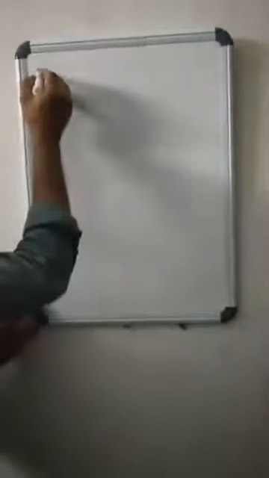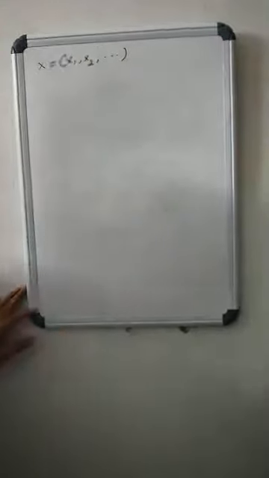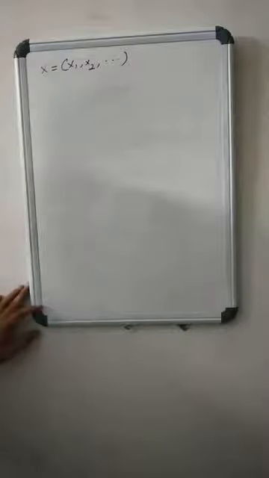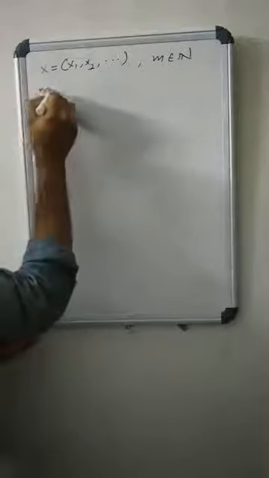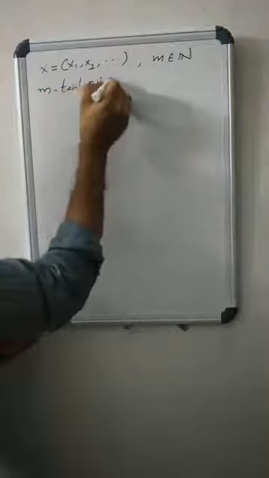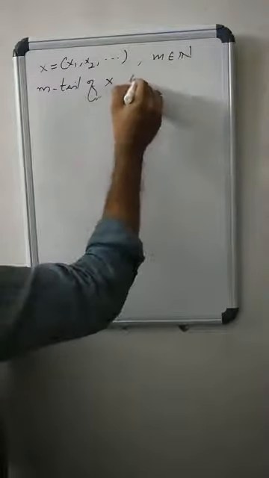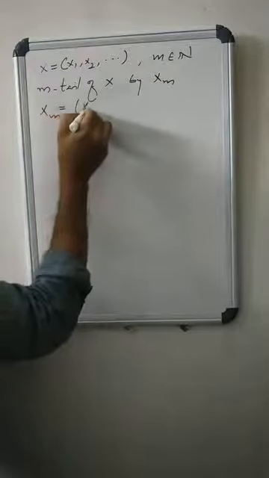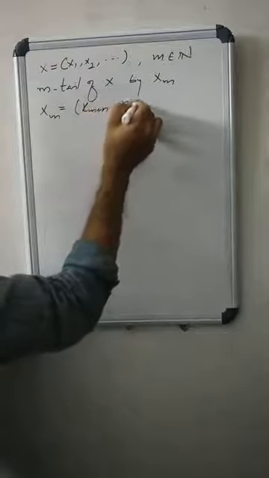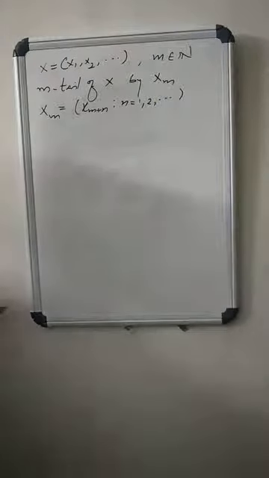Consider that x equals the sequence x1, x2, etc., is a sequence of real numbers, and m is any given natural number. Then the m-tail of the sequence x is denoted by xm and is given by xm equals the sequence x(m+n), where n equals 1, 2, etc., meaning n is a natural number.